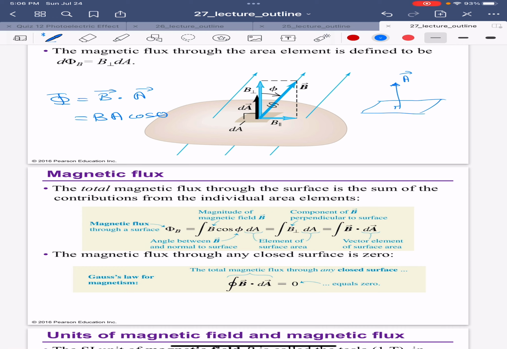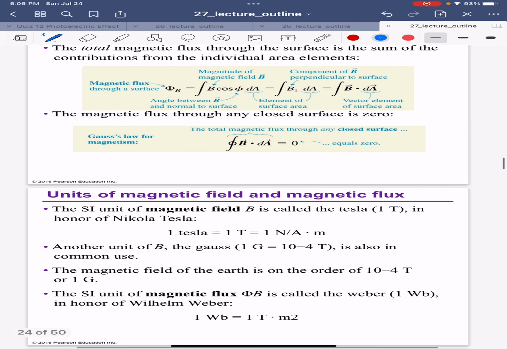This is the dot product, and the total magnetic flux we can find as the integral of B cosine theta dA. Whenever we have a closed surface, the total magnetic flux through any closed surface is going to be 0, because the number of lines in equals the number of lines out.